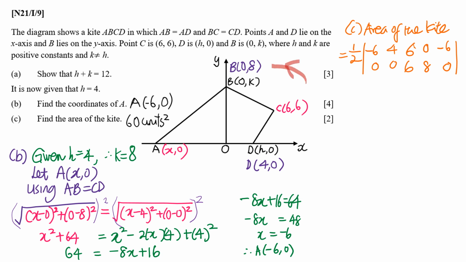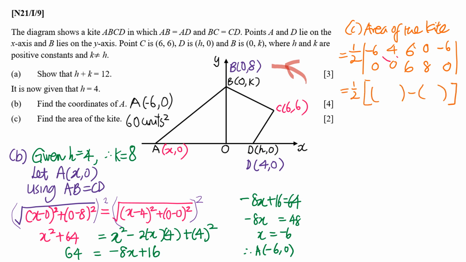When you arrange the coordinates, you arrange the x coordinate first, followed by the y coordinate, in vertical format. I start off with point A, which is negative 6, 0. Go on to point D, which is 4, 0. Point C, 6, 6. Point B, 0, 8. And back to point A, negative 6, 0.